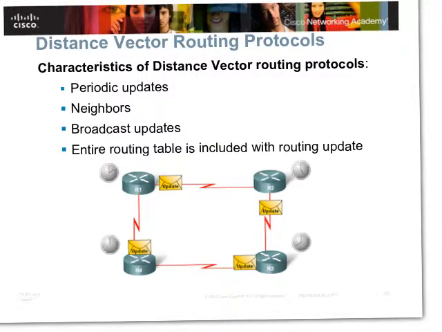So router 1 knows that it's connected to router 4 and to router 2 because these are neighbors, but it doesn't know that a router called router 3 exists on the network. Similarly, router 4 knows router 1 and router 3, but it doesn't have any information about router 2.